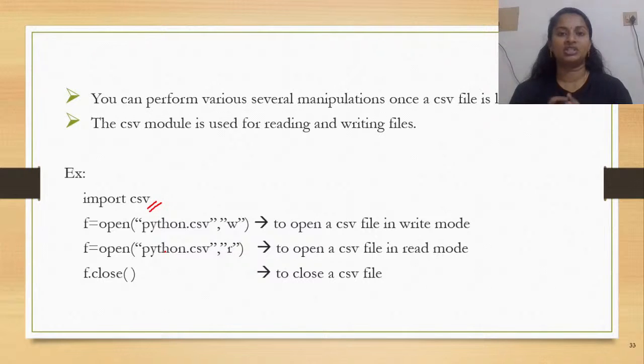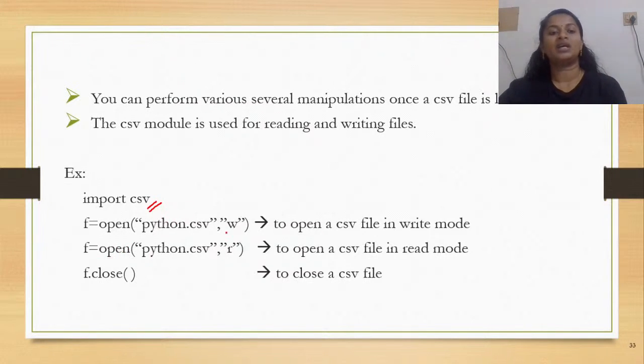The open function had two arguments, wherein the first argument was the name of the file, followed by the mode of opening it, right? The file mode. And what all could be in the place of file mode? It could be read, write, append, r plus, w plus, a plus, right? Now all these modes are possible here too. And the same open function is used here also. Why? Because CSV is also a file, right?